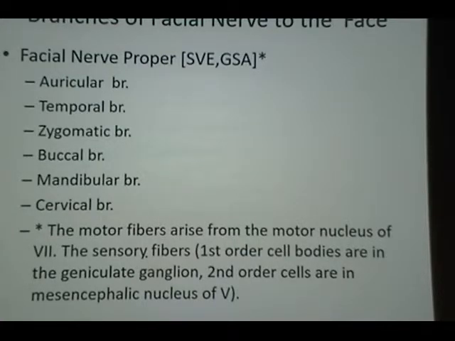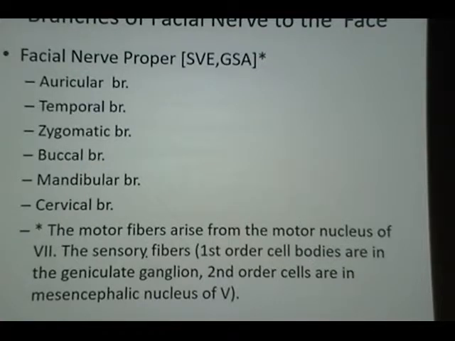We've got a temporal branch, which pretty much goes to the muscles around the optic region, around the orbit, associated with the upper eyelid in particular, but a little bit of the lower eyelid, and the temporal branch innervating the anterior portion of this occipitofrontalis, referred to as the frontalis muscle.